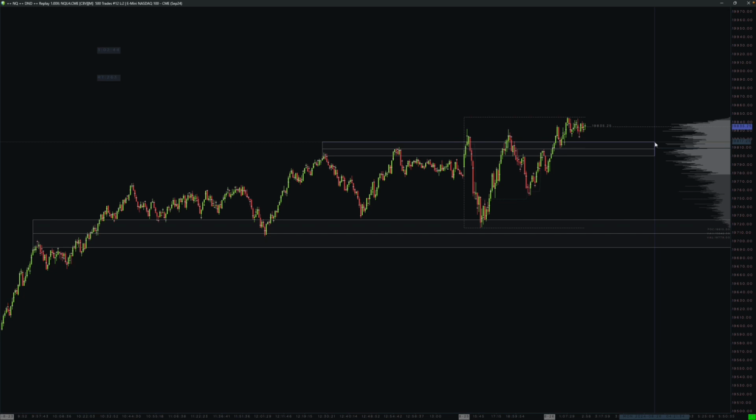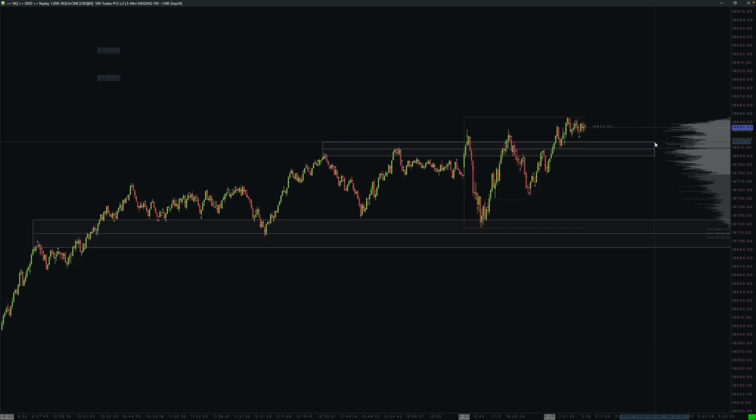Is it going to initiate up through a resistance zone and just fall right back in? Or is it going to initiate up through a resistance zone, some absorption happens, then it comes back down to that area, finds support, and looks exhaustive to the downside? So it finds support and then goes back up.